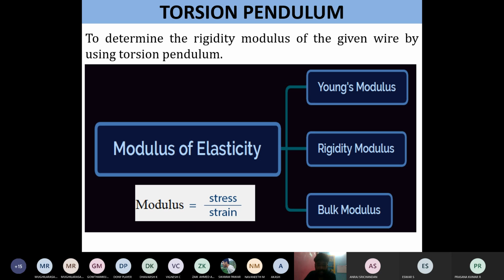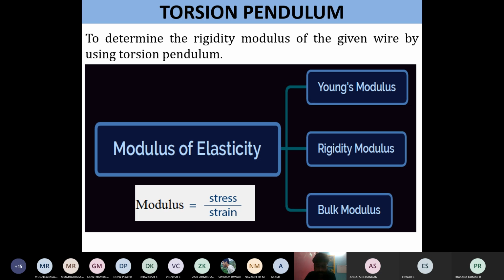Modulus of elasticity. So we know what is elasticity. Elasticity is nothing but when we apply a force to the material, its property changes. When we remove the force, the material regains its original condition. It's called elasticity.